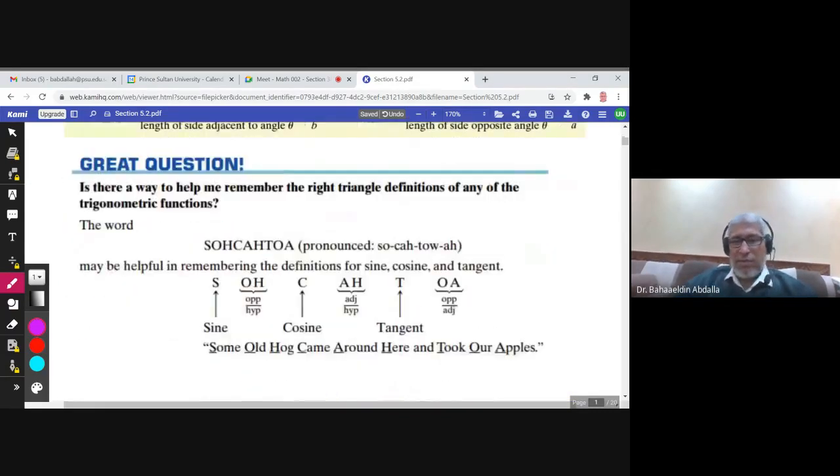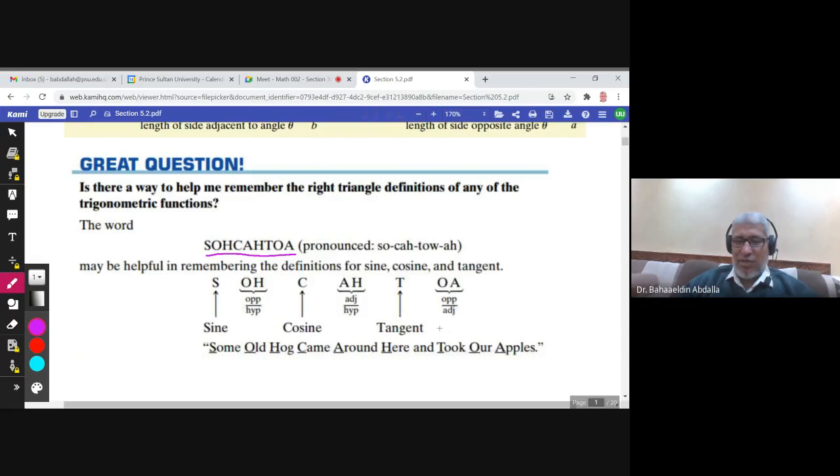Great question. Is there a way to help me remember these definitions? And the answer is yes, there is a word: SOH CAH TOA. S from sine, OH opposite over hypotenuse; C for cosine, AH adjacent over hypotenuse; T for tangent, OA opposite over adjacent.